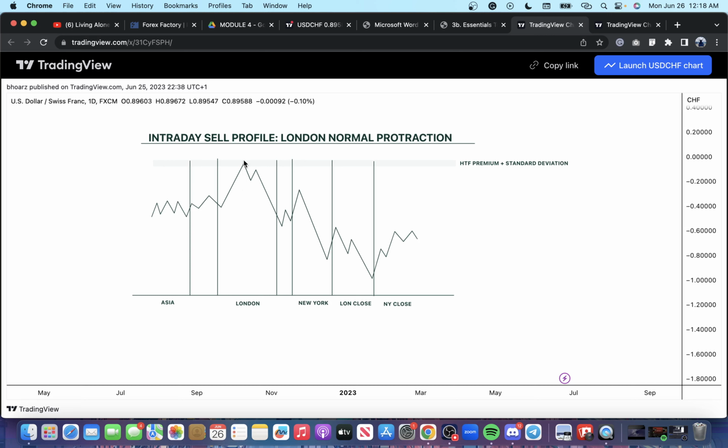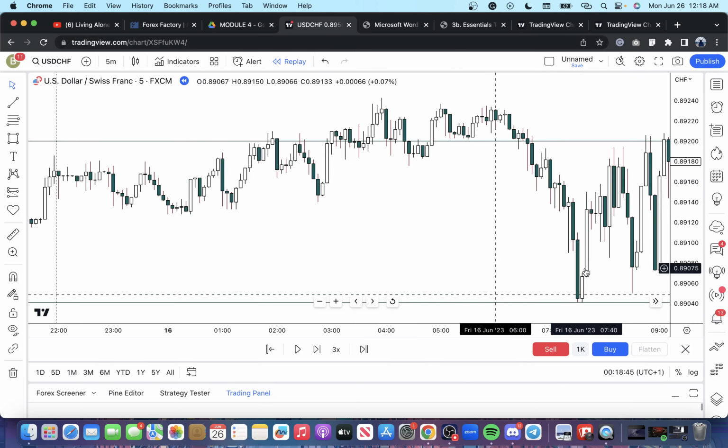Now, personally, that's the best time you want to be taking your execution. While the market is screaming bullish, or in this example, while the market is screaming bearish, that's when you want to go. As soon as it touches your high time frame discount coupled with your standard deviation, that's when you want to go in and put your execution using a 30% stop loss.